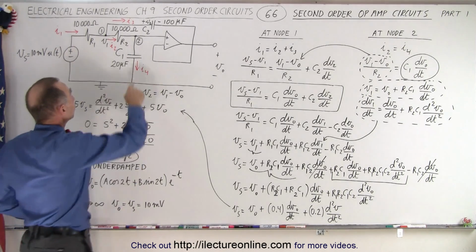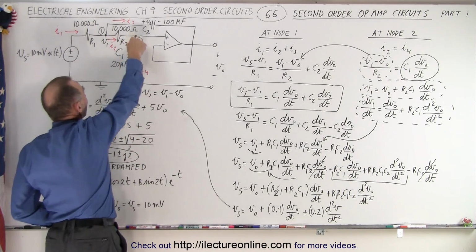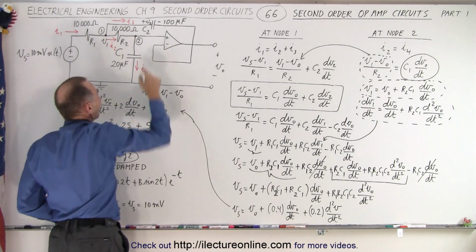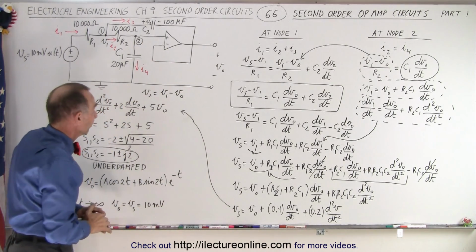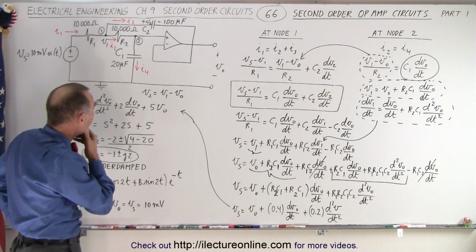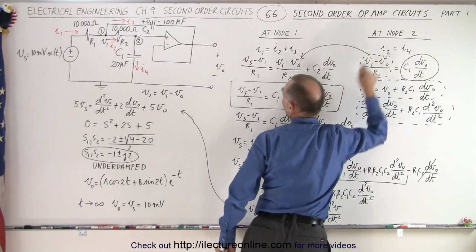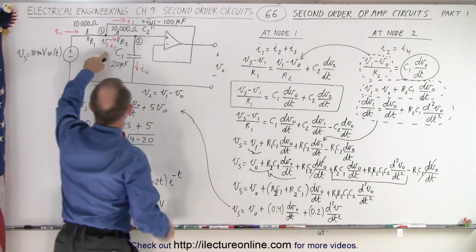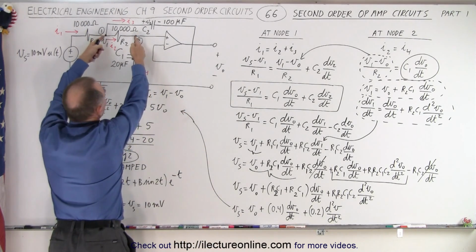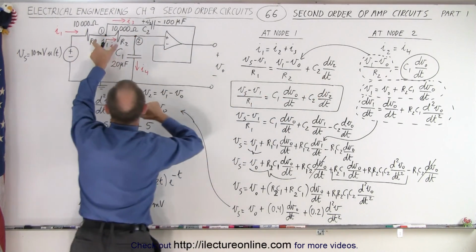The equation we get at node 2 is we have an in voltage and an out voltage. The voltage to the operational amplifier is essentially 0. So what we can then say is that I2 is equal to I4. I2 again will be the voltage difference here, which is V1 minus the output voltage divided by R2.